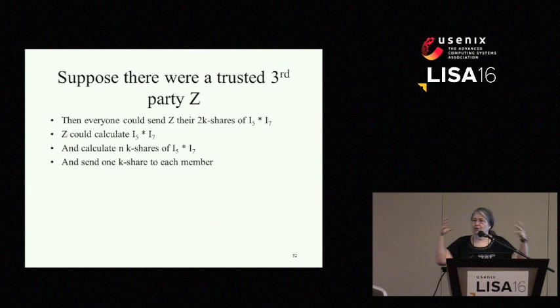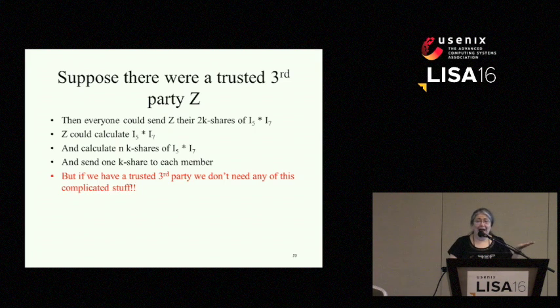Once you had these 2k shares and you want to reduce it down to k shares, everyone could give their 2k shares of I5 times I7, and he could compute the answer, redistribute it as k shares, and everything would be great. But if you had a trusted third party, why would we be fooling with any of this stuff?